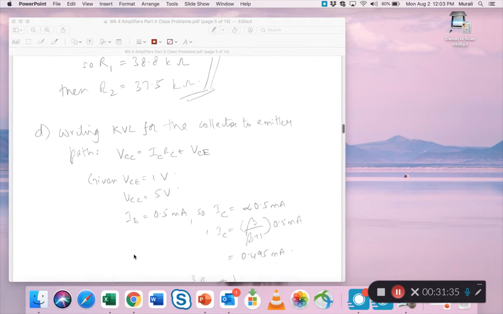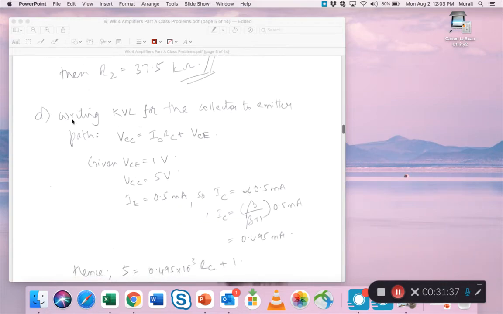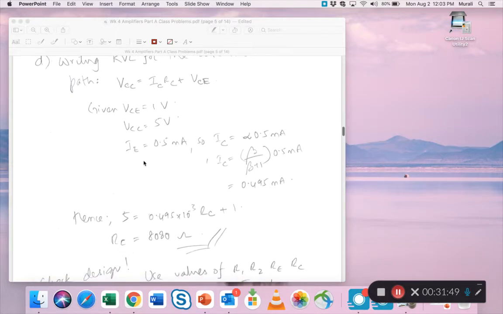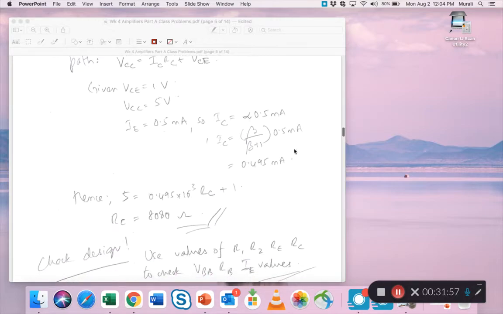Okay. All right. Lastly, D, writing KVL for the collector to emitter path, VCC equals this. Given that VCE should be 1 volt and VCC is 5, and IE is 0.5. So IC is alpha times 0.5, which is beta by beta plus 1, times 0.5.